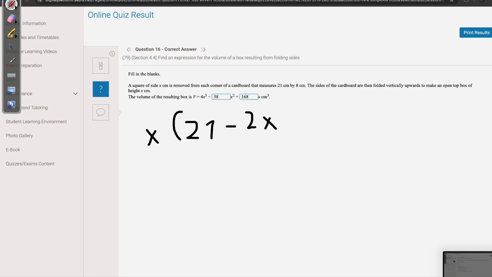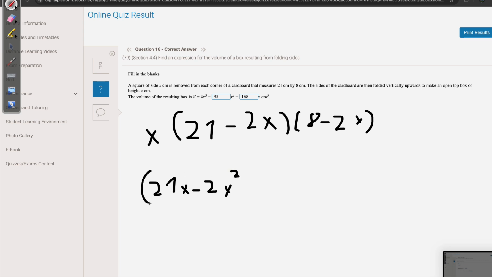For these questions, it's always the side minus 2x times the other side minus 2x. Okay, then 8 minus 2x. Now we're gonna distribute the x. 21x minus 2x squared. Then we're gonna do 8 minus 2x.